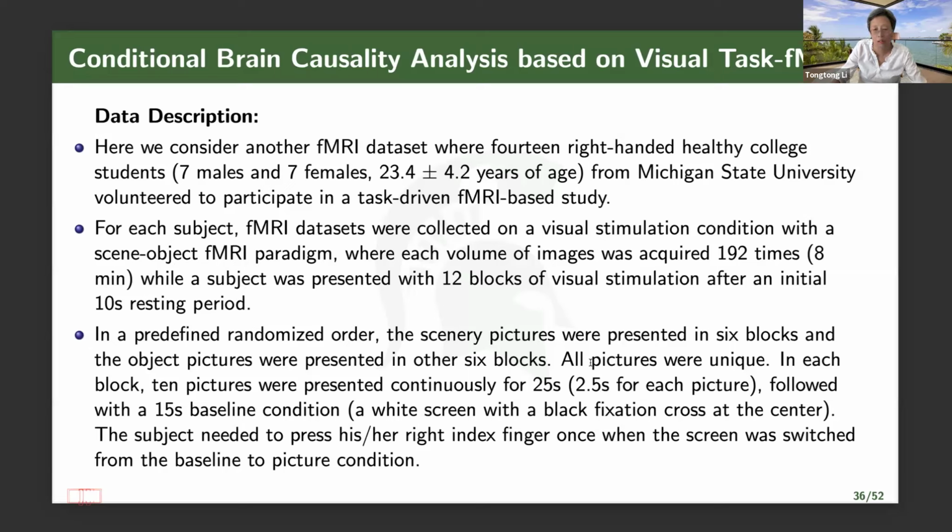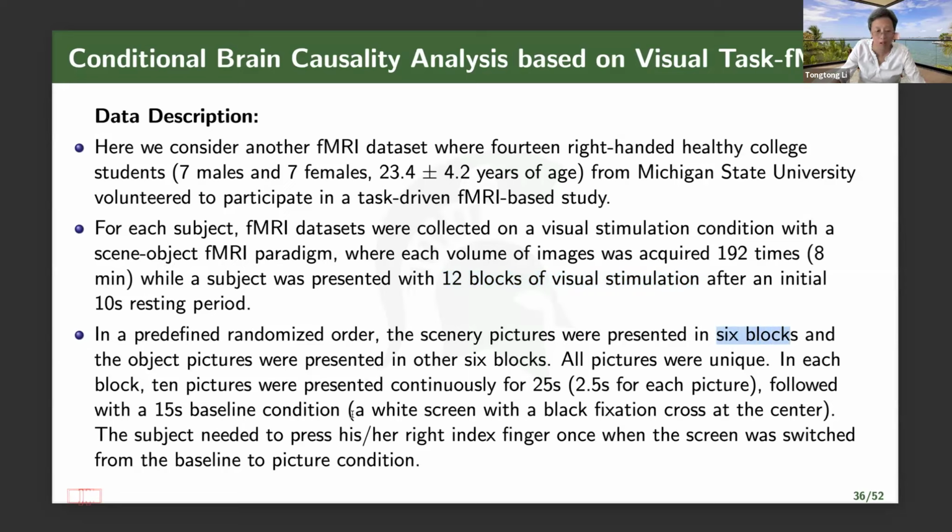There were 12 blocks of visual stimulation: 6 blocks of scene pictures and 6 blocks of object pictures.